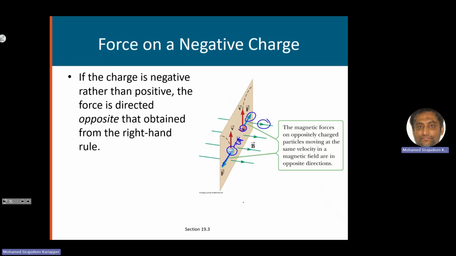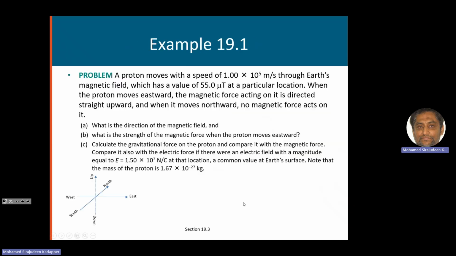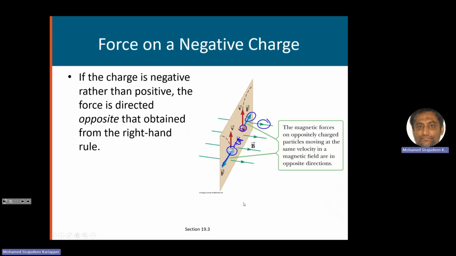Imagine the yellow cardboard is like this. This is the plane, and the magnetic field is like this. The magnetic field is my remote control, the green arrow, and the velocity is my pen.